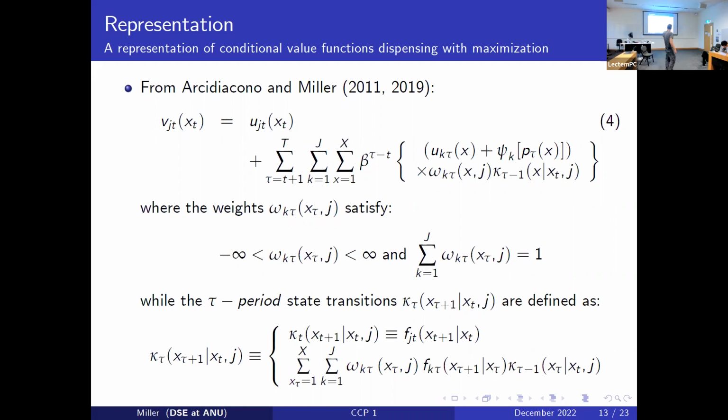So this is the probability that I start out by choosing action J when I'm at x t, that I will get to x tau plus 1, an element tau plus 1 periods later. Okay, that's all it is. In other words, making sure I pick out my states with the right weights as I move to the future. That's all it does.